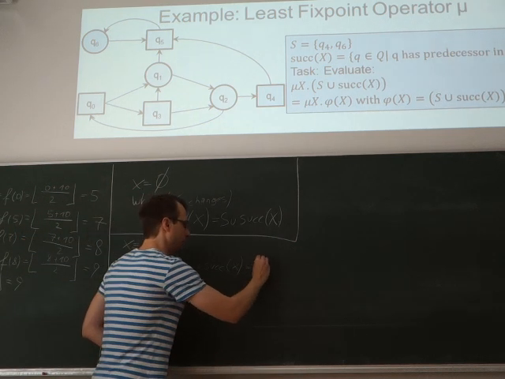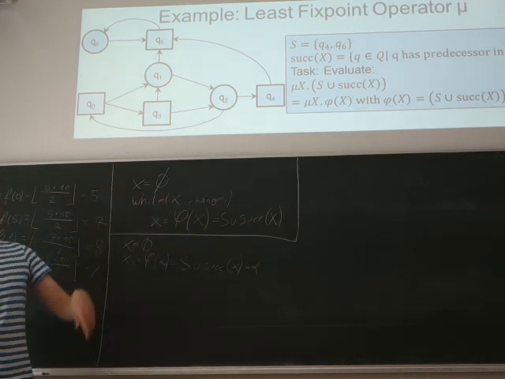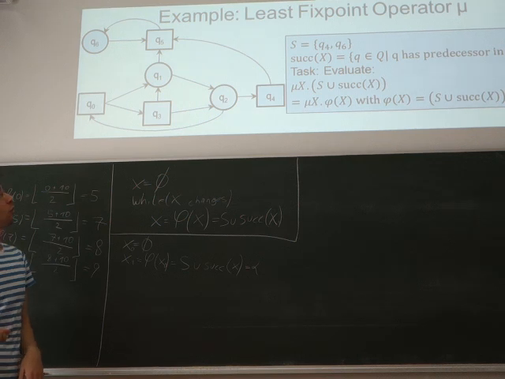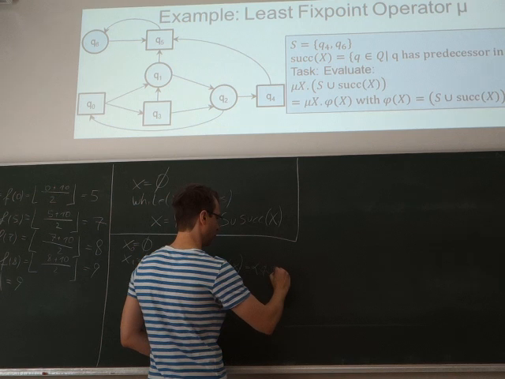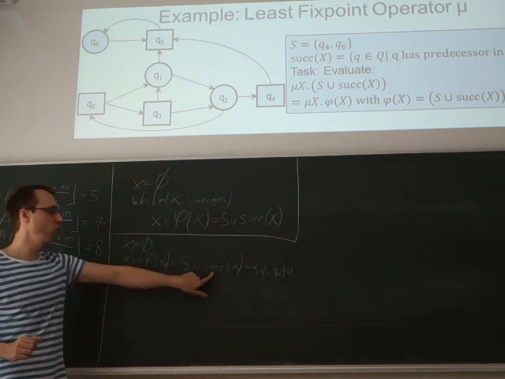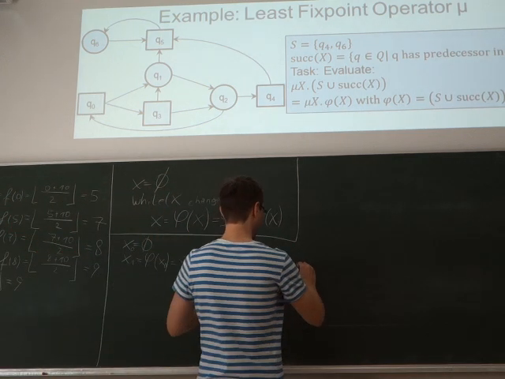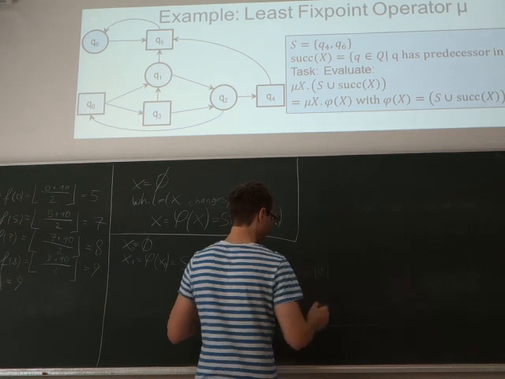So this means our set S is defined by being the states Q4 and Q6. And here we have to take the union of the successors of the empty set of states.